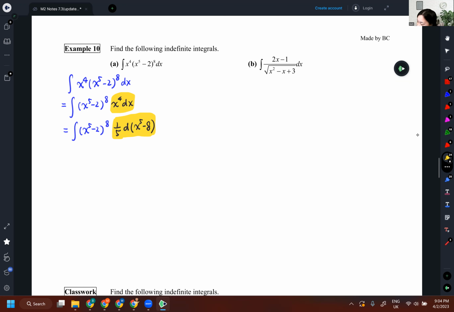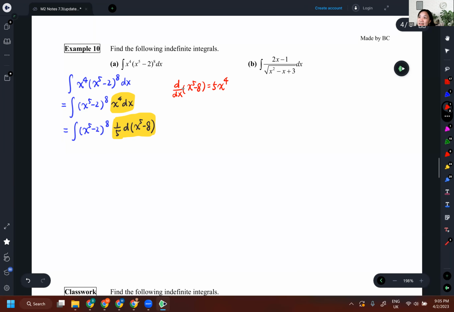This is because I know that in your head or in your rough worksheet, at least you must realize that d/dx of x^5 - 8 is 5x^4. So x^4 times dx must be d of this divided by 5.